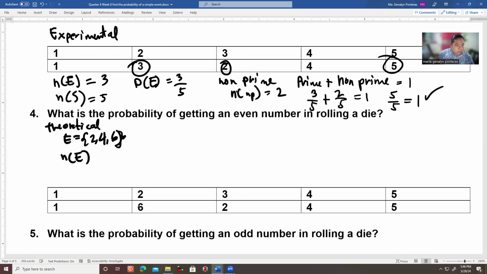Cardinality is 3. Sample space is 5. So P of E is cardinality of event over sample space. So that's 3 over 5 for getting an even number.